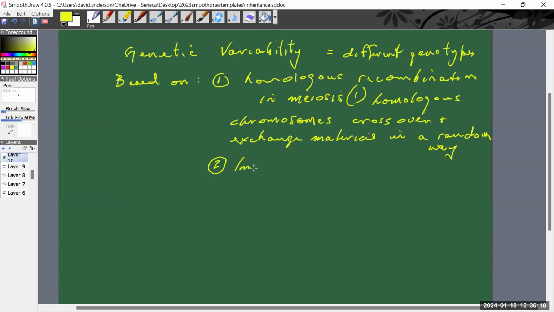The other way that we can create some variability is, especially in this day and age, when we have so many readily available means of changing where we live, we either move into a new area or out of an area, and that creates genetic variability because now what we're creating is movement of genetic pools, essentially.